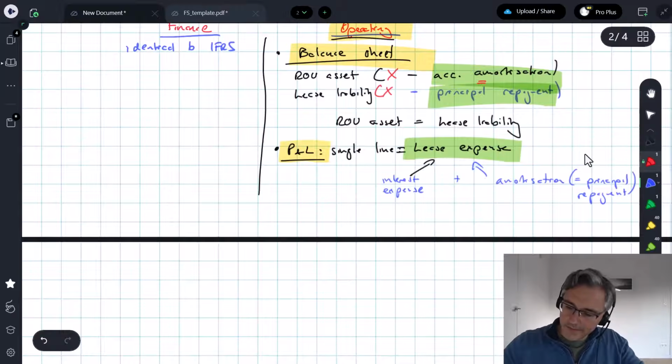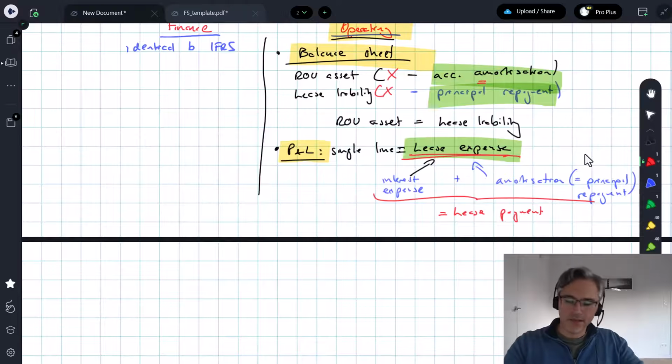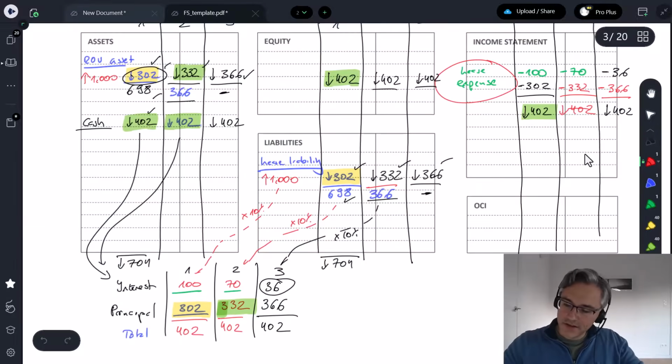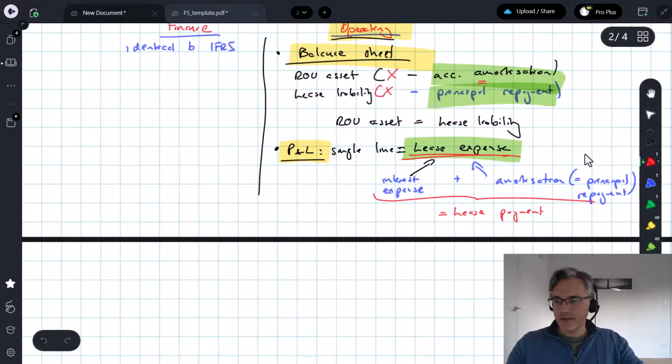Which means that the lease expense which you report in your P&L is going to equal the actual lease payment made. Like you saw in my example, every year the sum of this lease expense was the same as the cash leaving the company. That's the way it's designed to be.